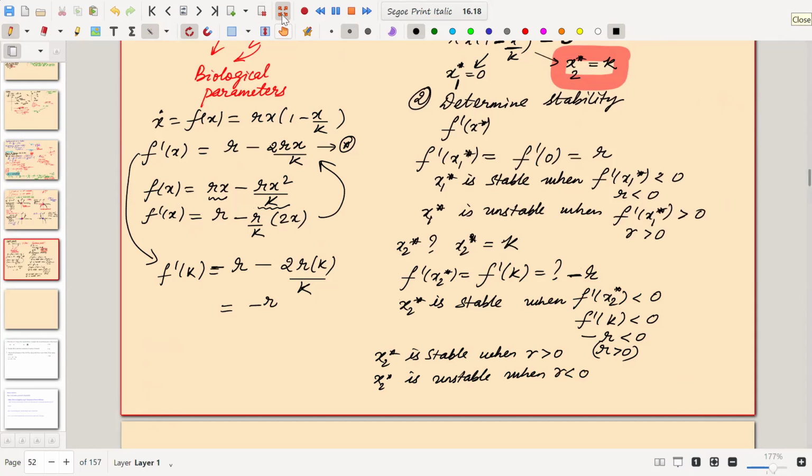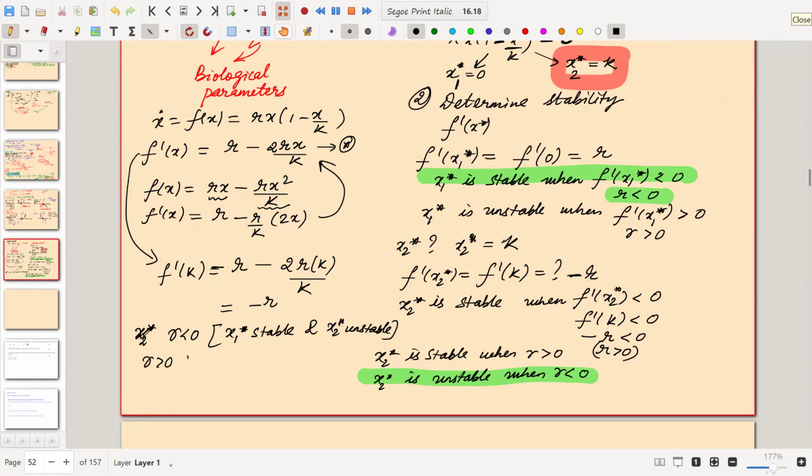Let me draw here. See, x1 star is stable when f prime is less than 0, that is, when r is less than 0. But x2 star is unstable when r is less than 0, right? So what can you see from here? If r is less than 0, then x1 star is stable and x2 star is unstable.